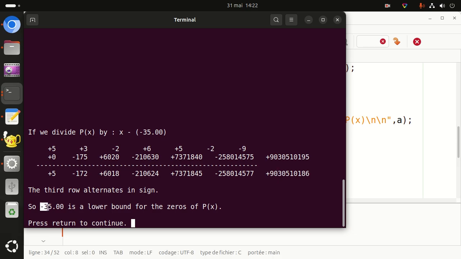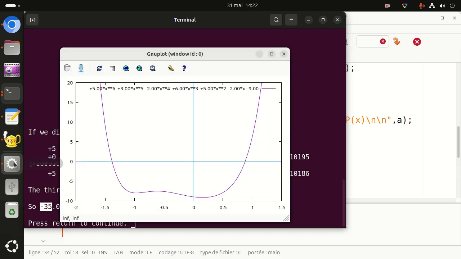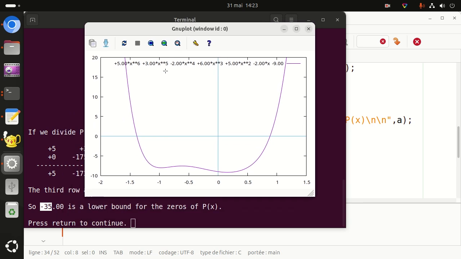So minus 35 is also a lower bound for the root of p of x, but minus 2 is better. Minus 2 is better. It is nearer to the roots than minus 35.